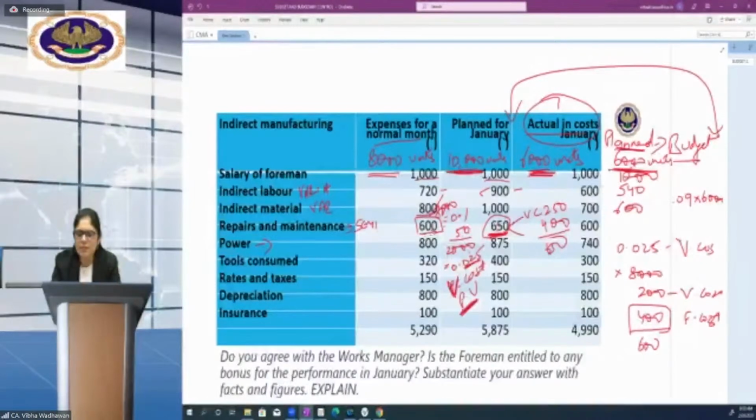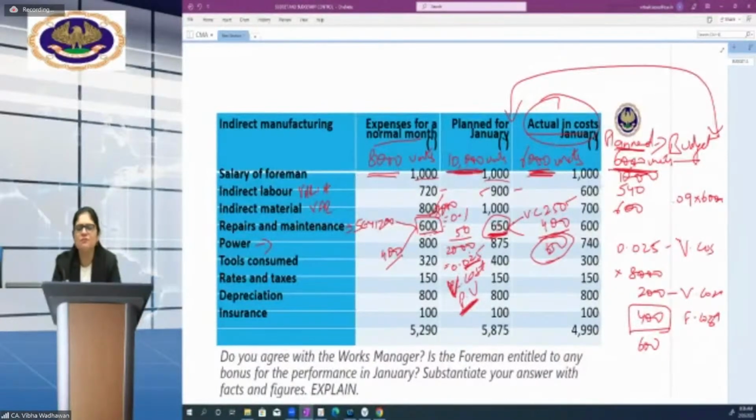So 0.025 into 8,000, variable cost comes to 200, fixed cost has to be 400. 0.025 into 10,000, variable cost comes to 250. The balance fixed cost will remain the same, 400, so the cost is 650. Calculate in a similar way for 6,000 units. Now you know the variable proportion of it.